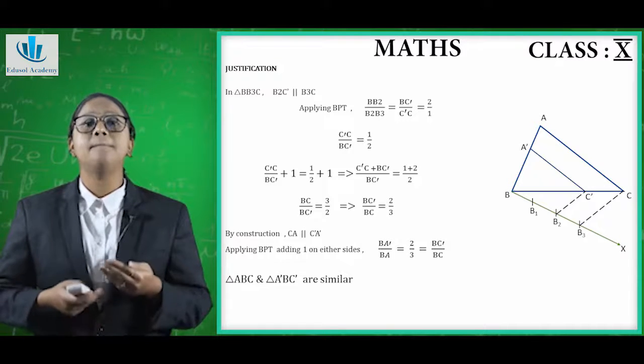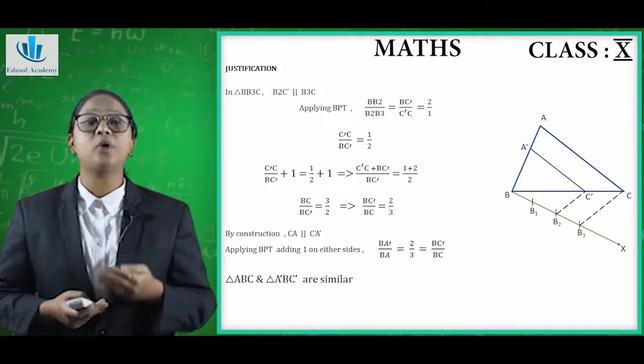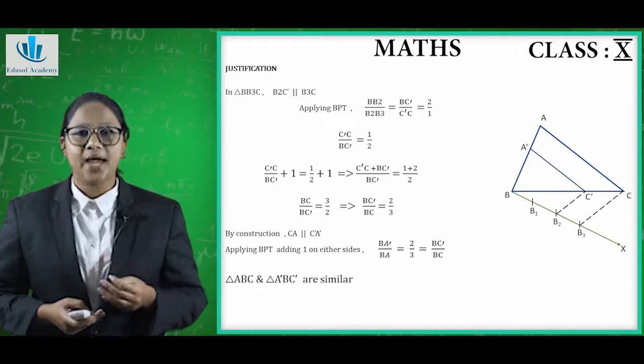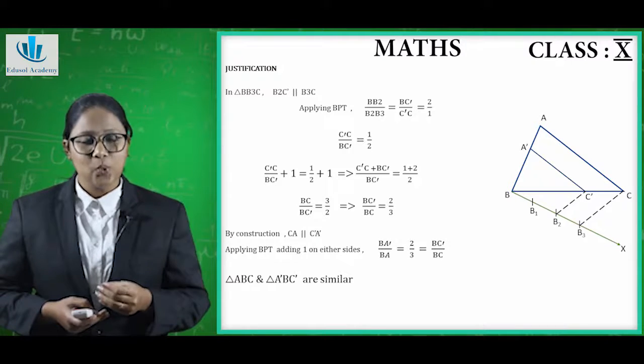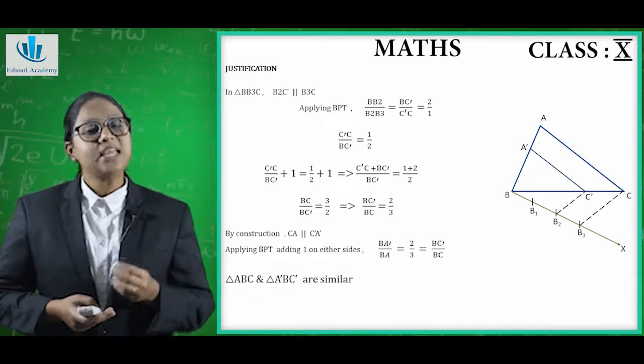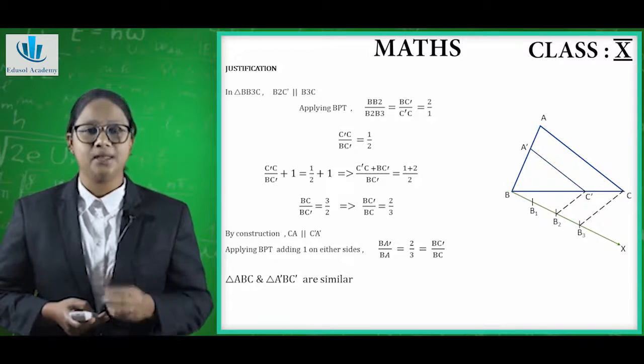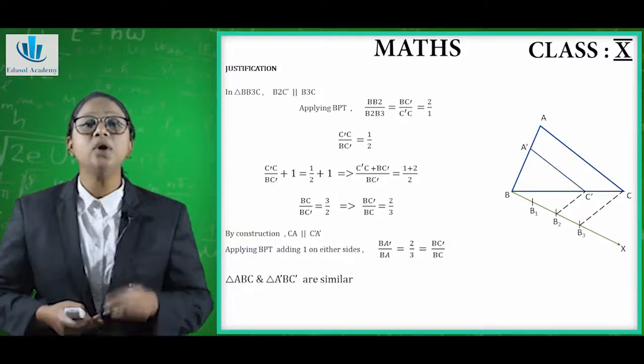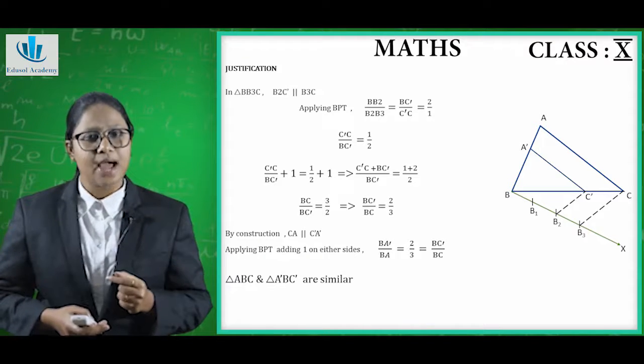So we can apply the basic proportionality theorem or Thales theorem and write BB2 by B2B3 is equal to BC dash by C dash C, and that will be equal to 2 by 1. How do we know that?